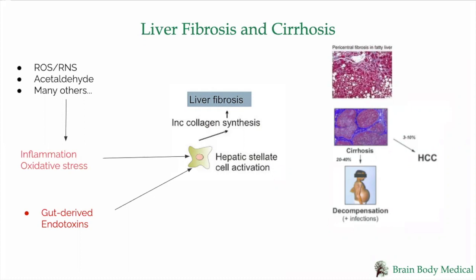And when you have a lot of collagen, that is the cause of fibrosis. When you have a lot of fibrosis over the years, over the decades, that leads to cirrhosis and end-stage liver disease. So think of fibrosis as scar formation in the liver, like you would get scar formation on your hand after an injury. It's similar to that.